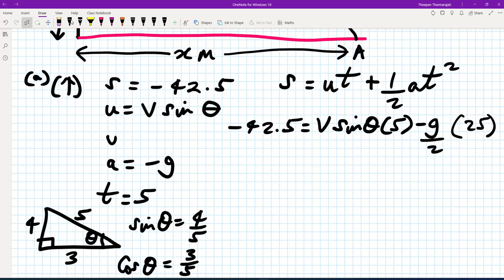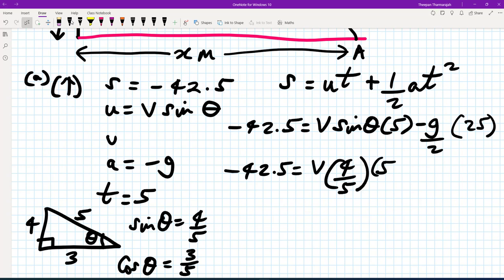So now we can replace that here. We can say minus 42.5 is going to be v times 4/5 times 5, minus 4.9, which is half of g, times 25. I'll just write the 4 a bit more clearly.